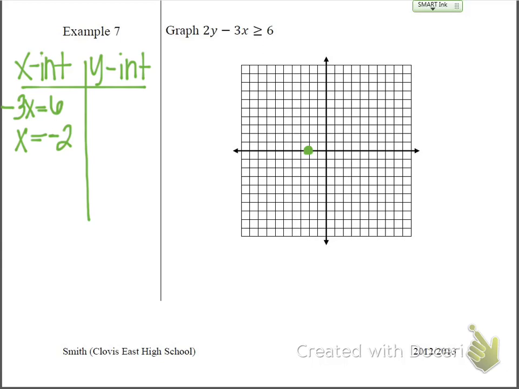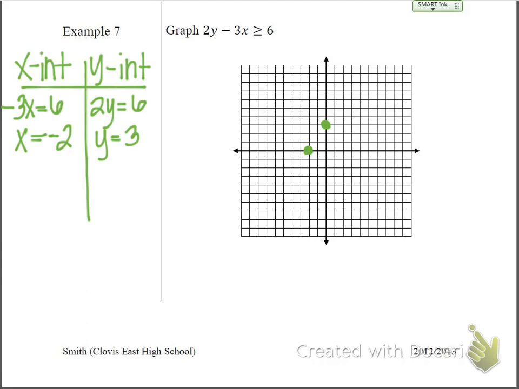To find the y-intercept, I cover up the x's, so that leaves me with 2y equals 6. Divide both sides by 2, and we get y equals 3. So I'm going to go up from 0, 0, 3 spaces to find my y-intercept.